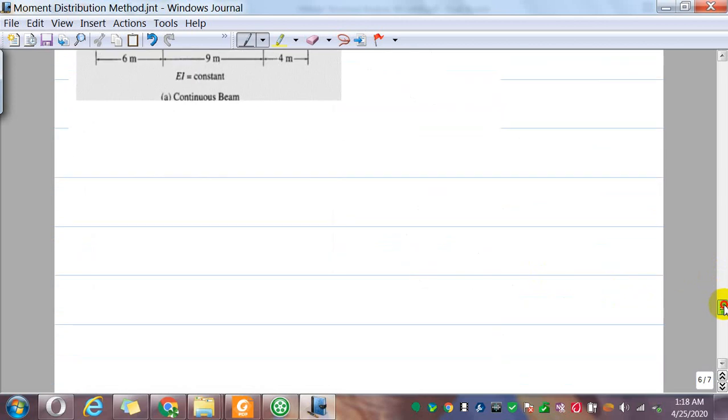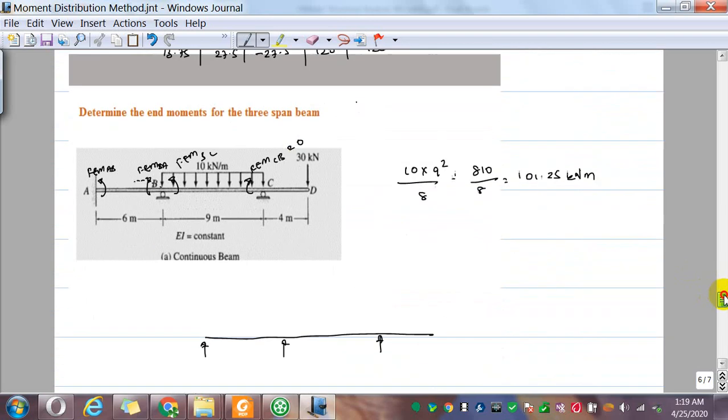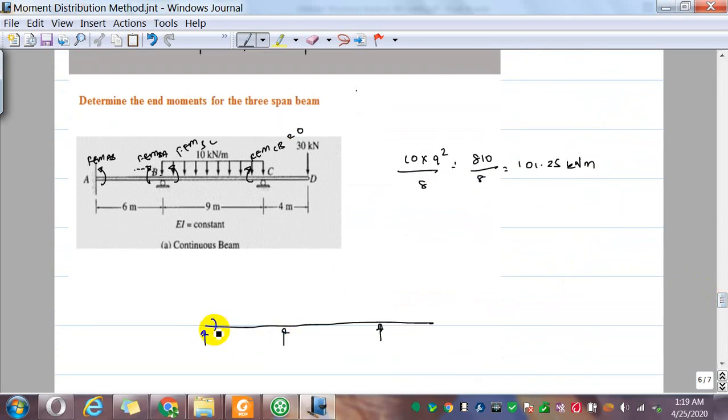So now if I draw this beam, here I have a support A, a vertical support, and here another vertical support. Now there is no load acting on this, but there is a moment of 13.75. That is clockwise, right?